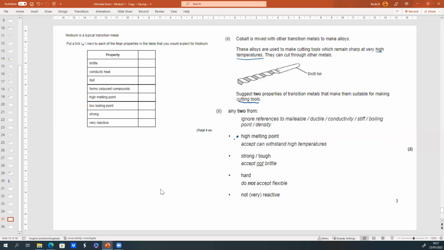Brittle means that they will break quite easily. They're hard. We don't want them to change shape. They need to stay as they are. And they're not very reactive. Because if they were reactive, as they were whizzing around and generating that heat, they could react. Okay.